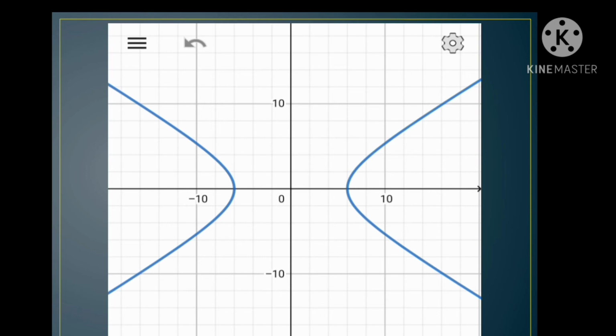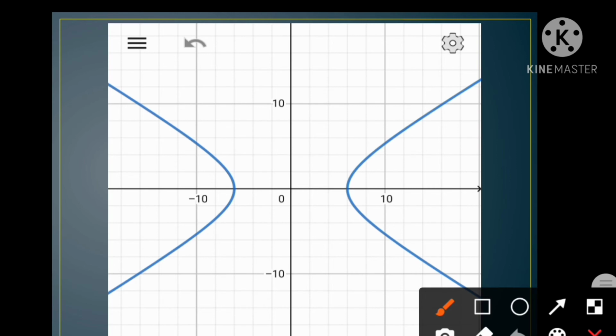Because we all know that our foci are negative square root of 52, 0 and positive square root of 52, 0.